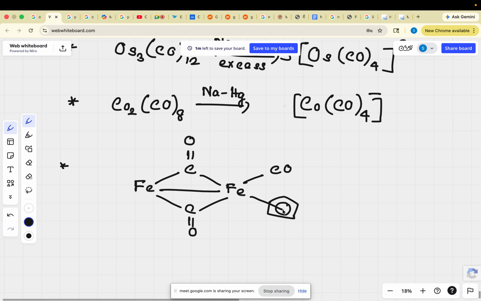This side I have the cyclopentadienyl ring, here also I have a cyclopentadienyl ring and CO. So in presence of potassium, what will happen? This metal-metal bond will cleave first of all.